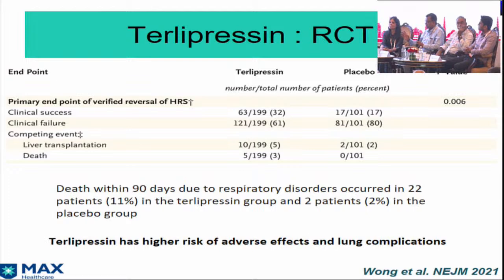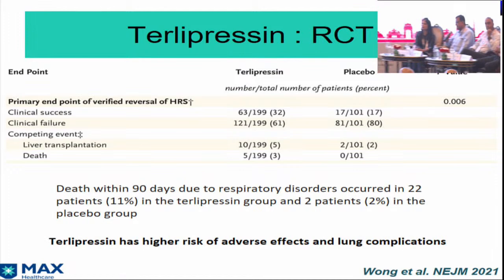Within 90 days, most of these patients have died because of respiratory failure rather than progressive renal dysfunction or liver dysfunction. And hyponatremia is another enigmatic side effect of terlipressin, which happens more in compensated people rather than decompensated cirrhosis.